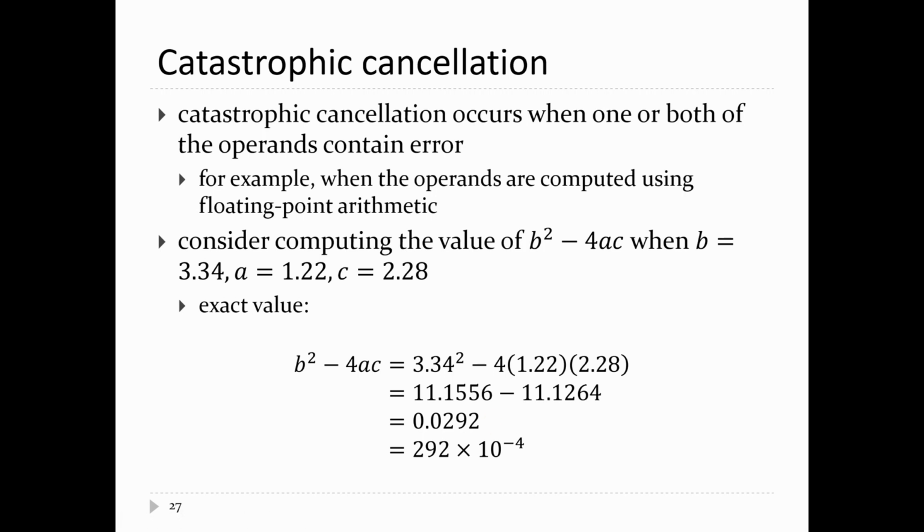The funny thing about that number is that you can actually represent it correctly in our floating point format. It's only got 3 digits in it, so I can actually write it down. Now what happens if you actually compute this value using floating point? Remember, this was done using real arithmetic.